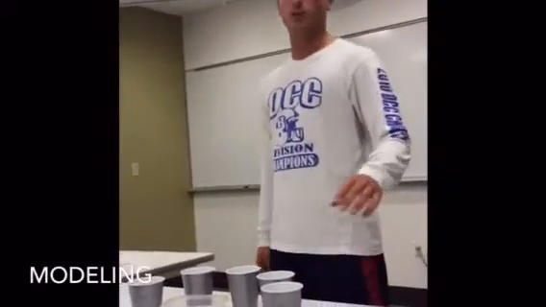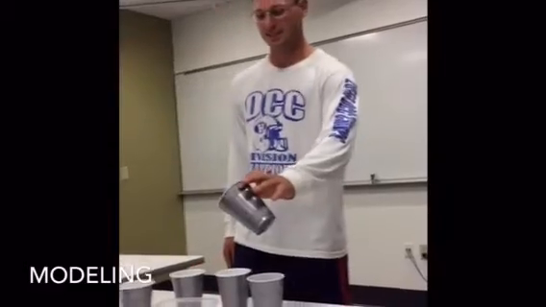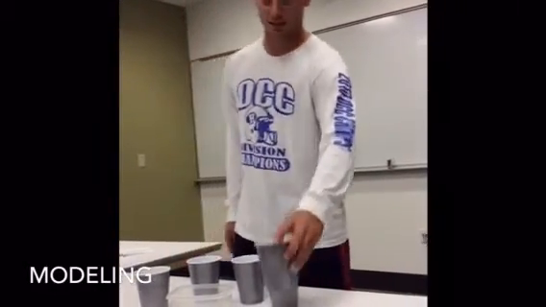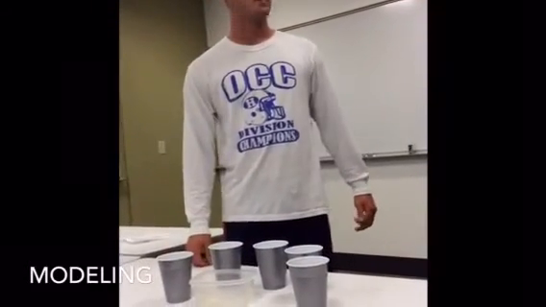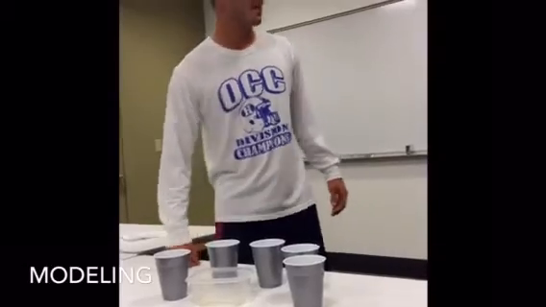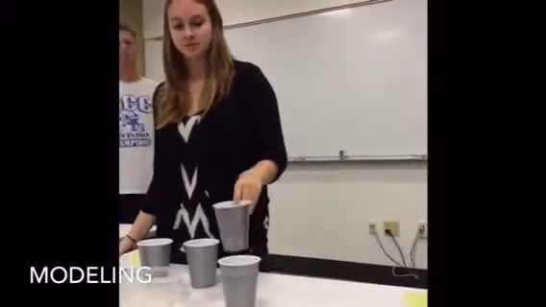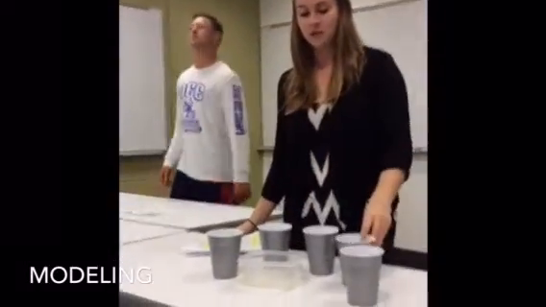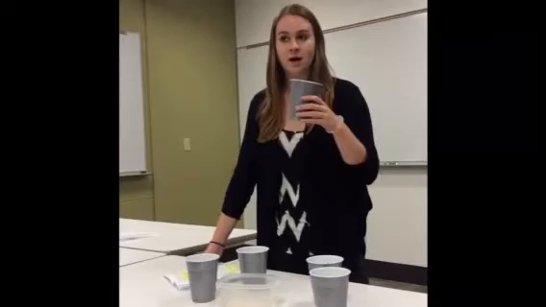All right, class, I'm going to give you a quick demonstration. You are going to pour the cup gently into the container of water so you can see the reaction it has. You're going to write what you observe and illustrate what you see. For cup number 2, which is the glitter, we're going to pour that in our water, illustrate what we see, and also write a description. We're going to do the same with cup number 3.